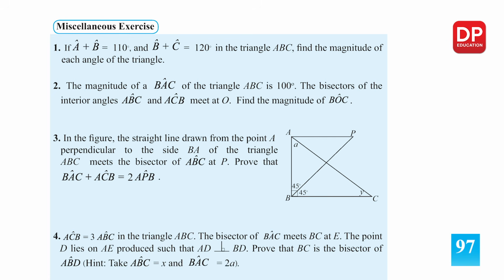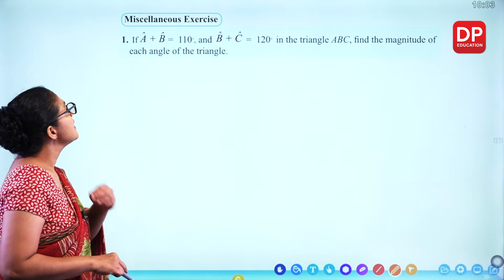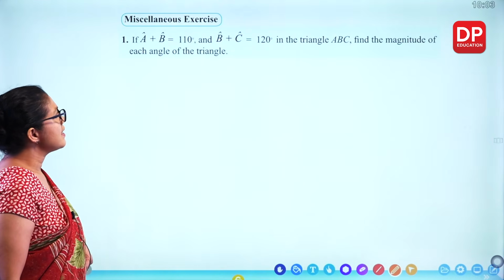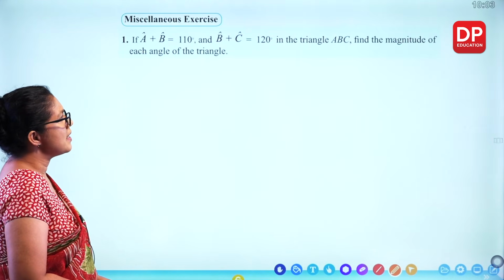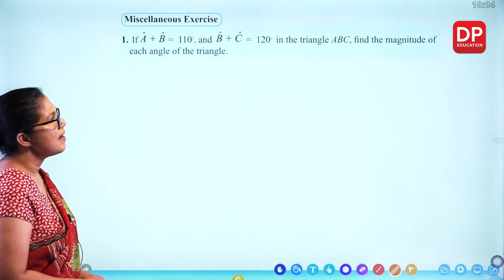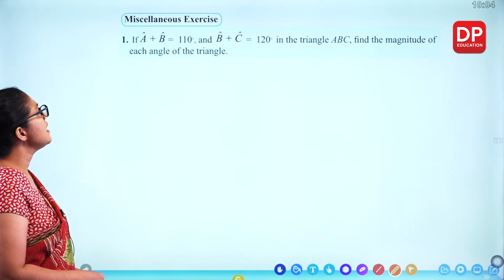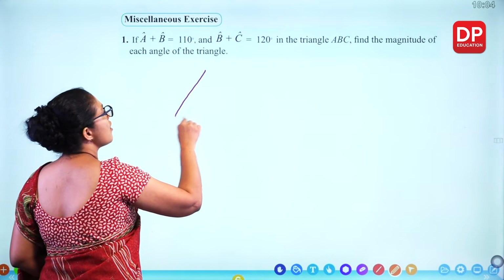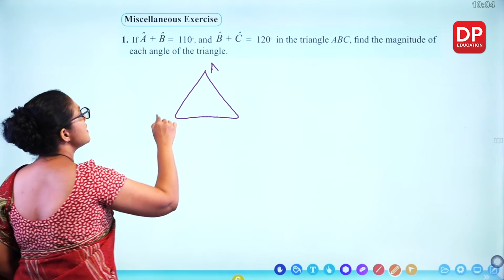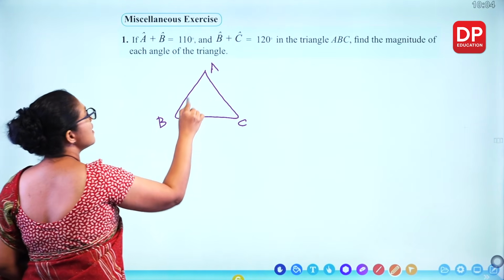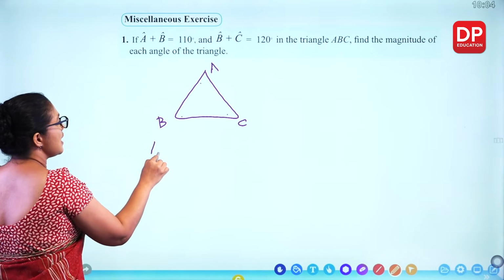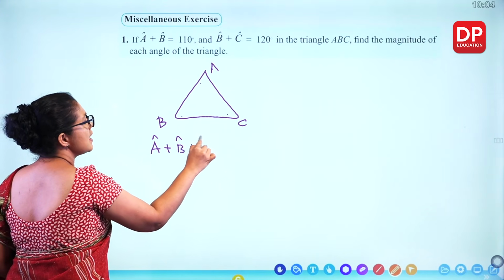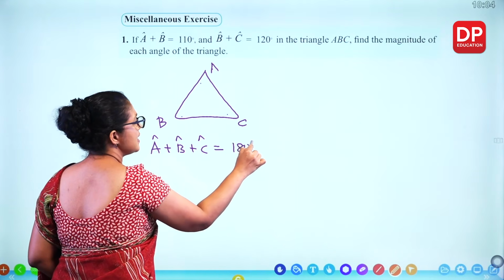Now we'll look at the miscellaneous exercise, and it says in the first one, if A plus B is 110 and B plus C is 120 in the triangle ABC, find the magnitude of each angle of the triangle. So here in a triangle ABC, we know that A plus B plus C is equal to 180.